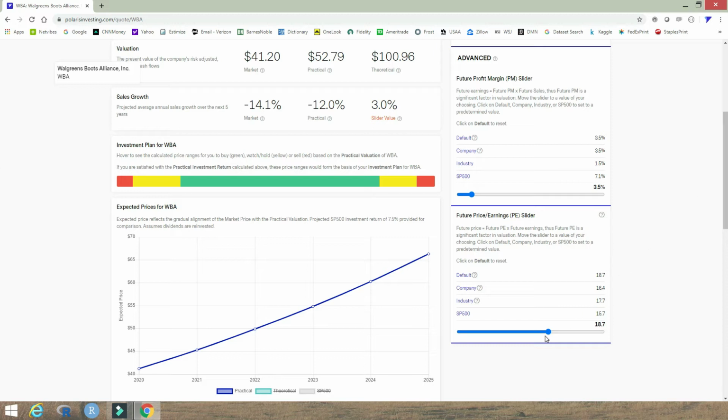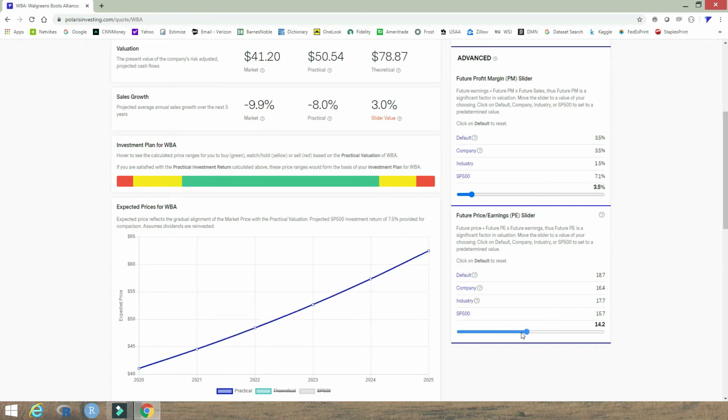So we just went through a method that allows you to change what you think about the PE multiple indirectly through the sales growth slider, but now with the addition of the PE slider itself, it's much easier to just enter a new PE multiple through the PE multiple slider.